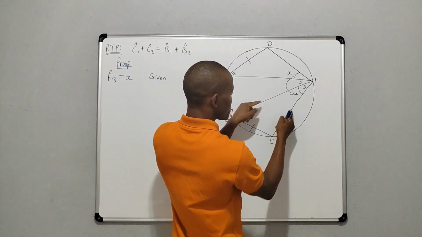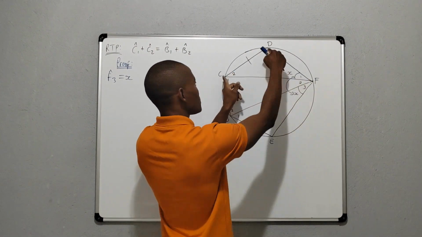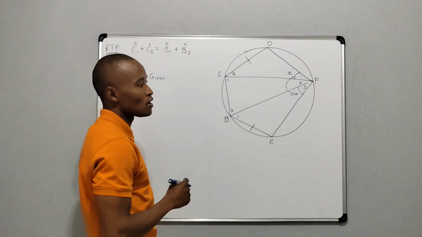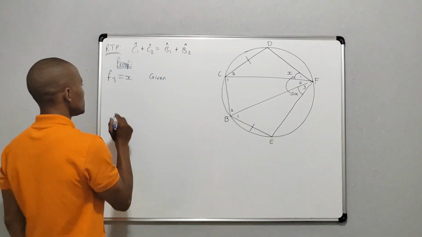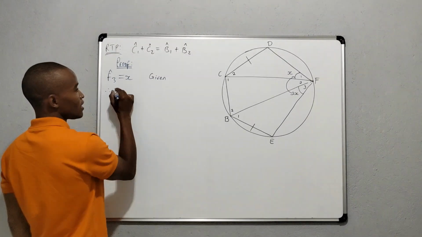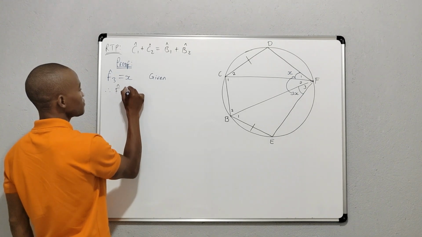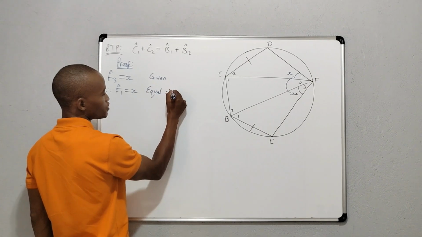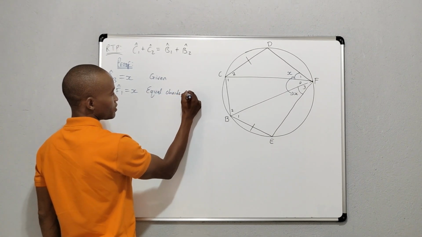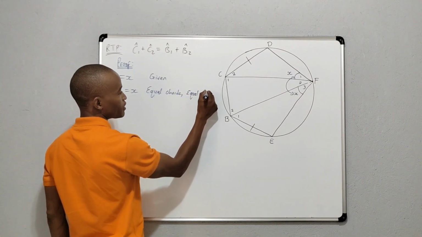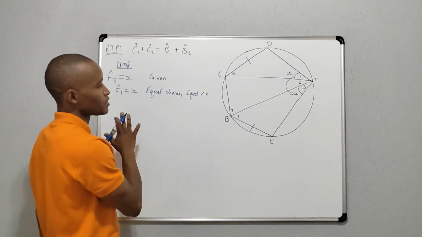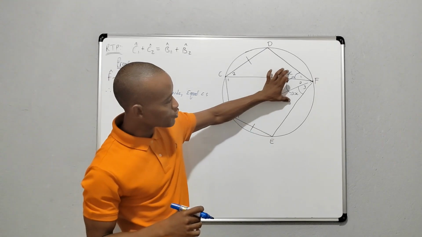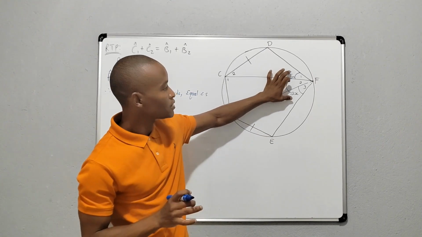So BE is subtending x, and therefore CD will subtend x at the circumference of the circle. Therefore, angle F1 is equal to x, reason: equal chords, equal angles. That takes care of the connection that we are making.